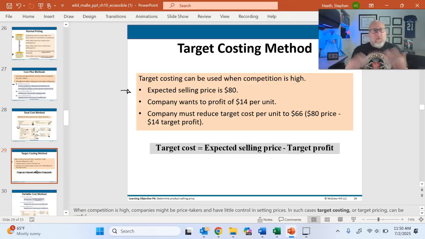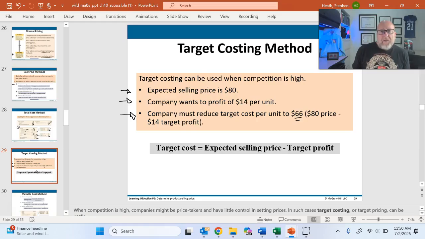The general price for our product, given the market, is $80 per unit. And what we want is a $14 profit on every unit we sell. And therefore, we need to figure out, can we make this product for $66 per unit?